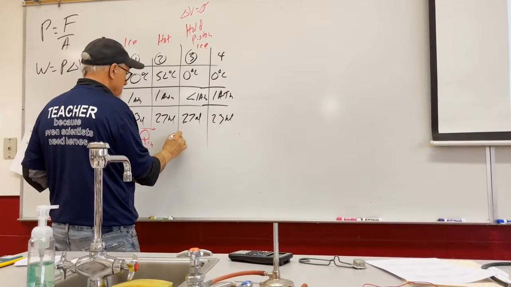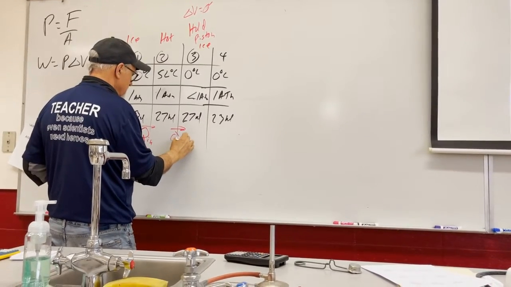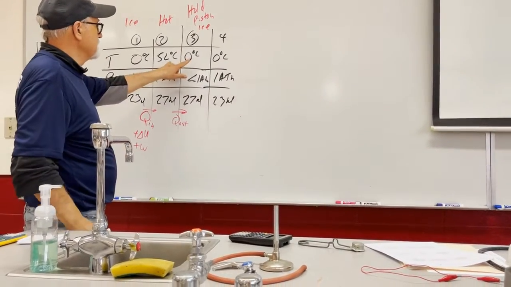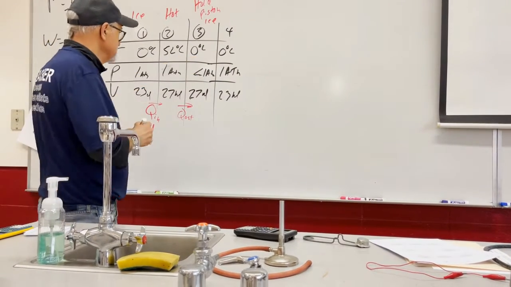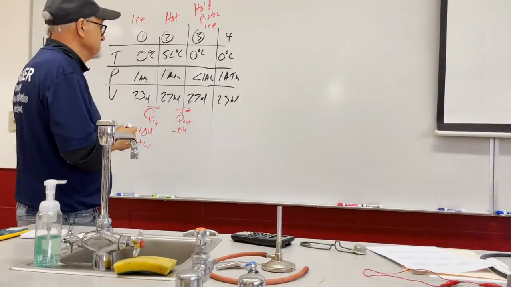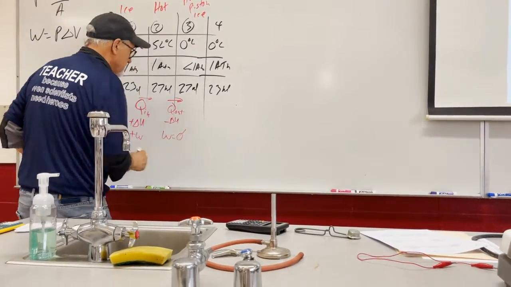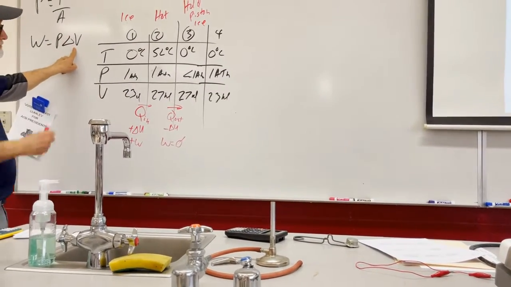So now we've got it from here to here, going out. Q is out. And we're going from 52 to 0, so the internal energy is going down. Decrease. Negative change in internal energy, but no work, because the volume stayed the same.